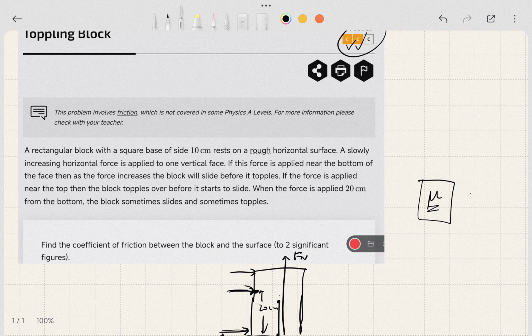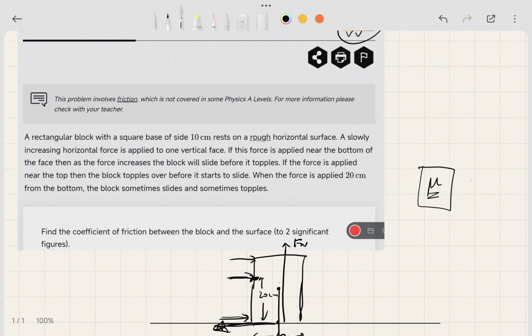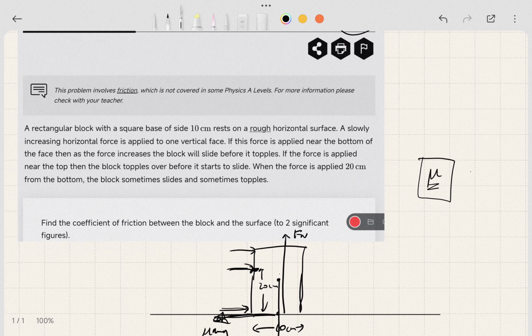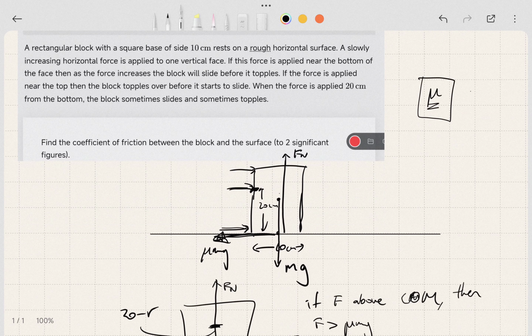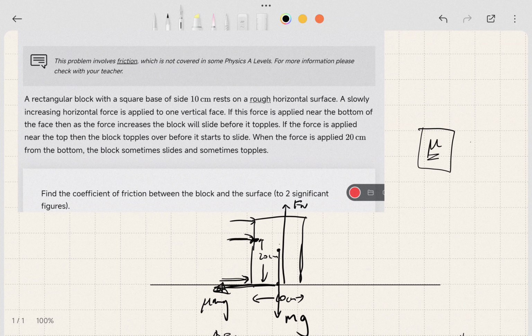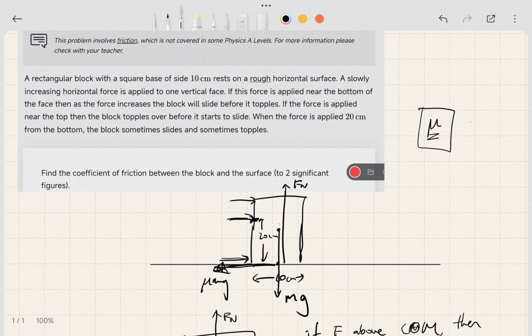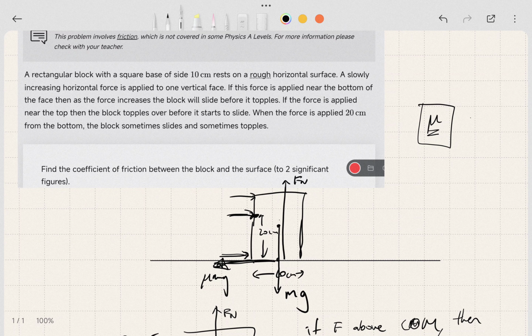Okay, a slowly increasing horizontal force is applied to one vertical face. This force is applied near the bottom of the face. Then, as the force increases, the block will slide before it topples. The force is applied 20 centimeters from the bottom.